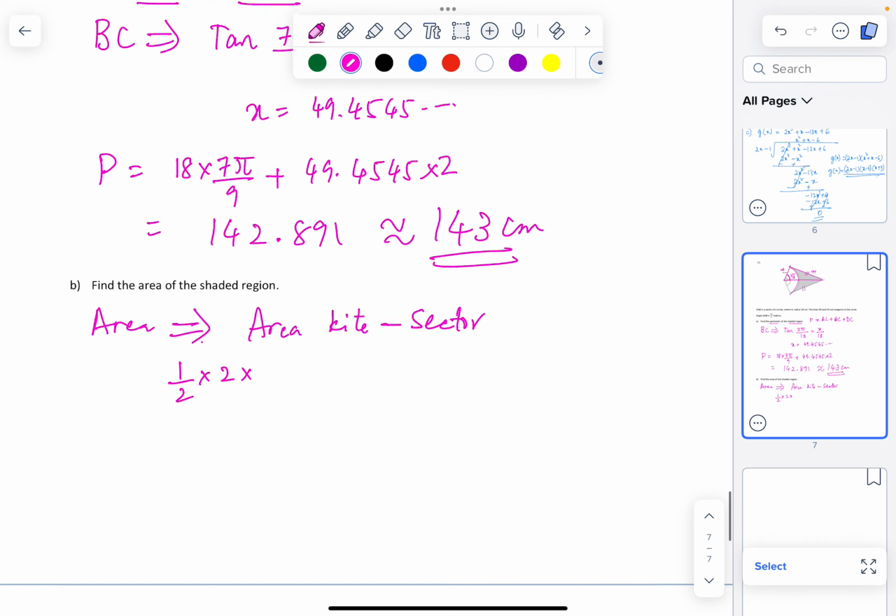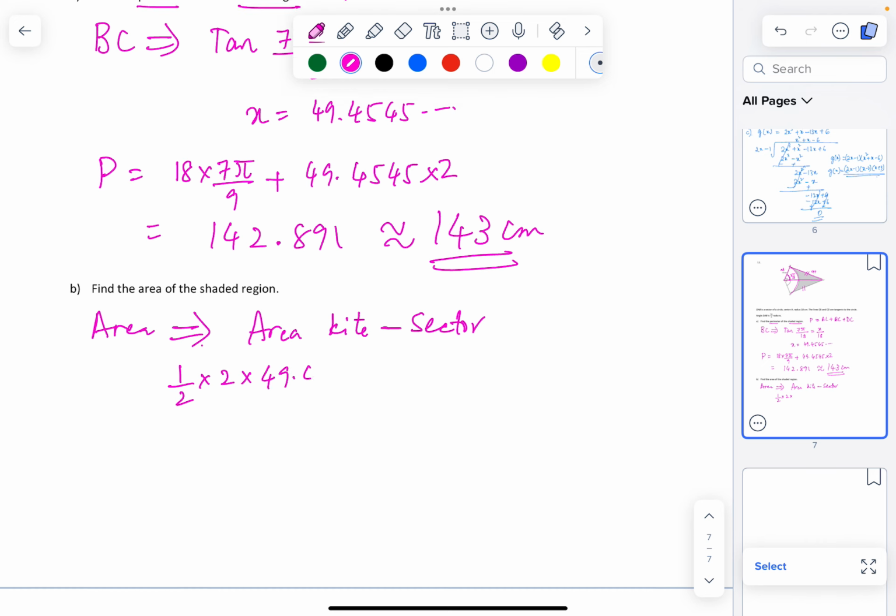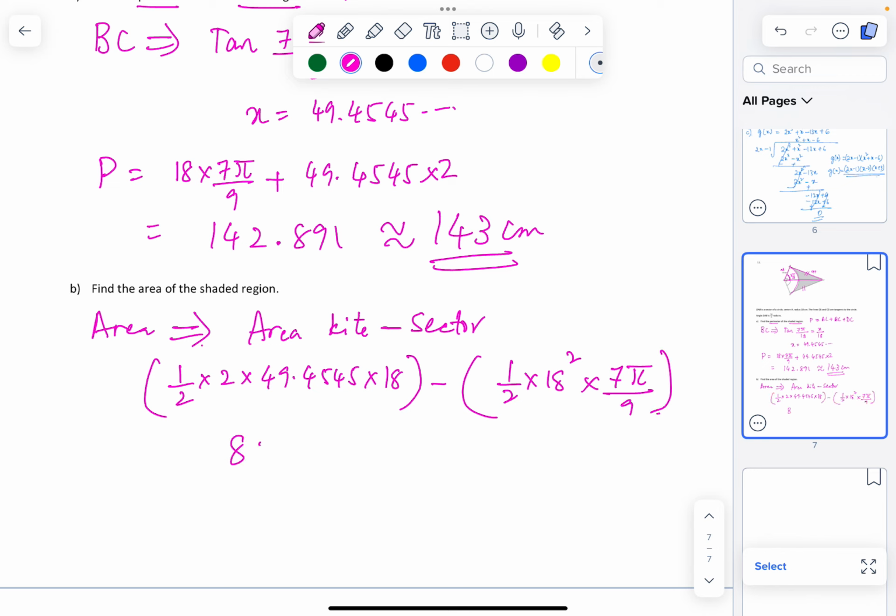So the opposite we just found, 49.4545 times 18, minus the area of the sector, which is half times 18 square times theta, which is 7 pi over 9. So when you calculate the area of the triangles, you will get 890.181 minus the area of the sector, which gives me 126 pi.